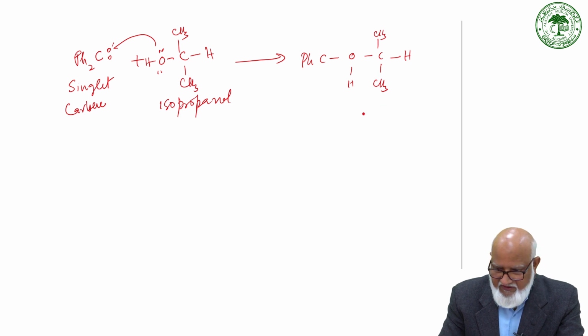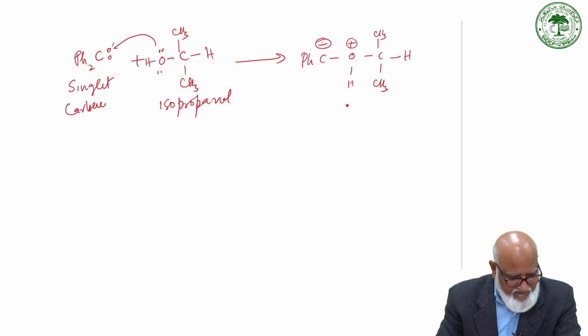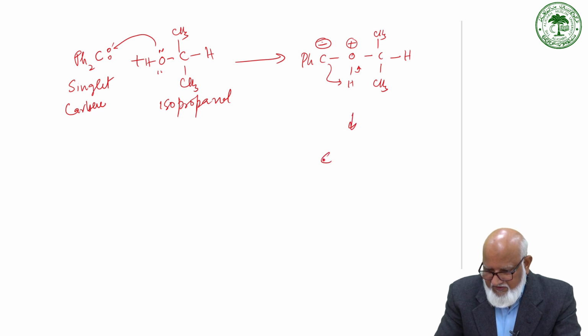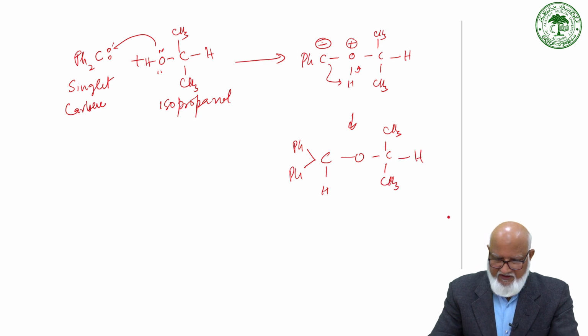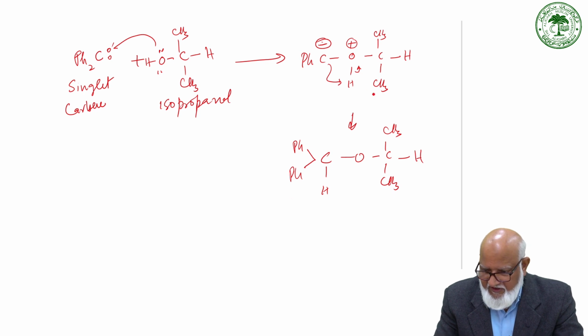This is an isopropanol. This is a negative charge, this is a positive charge. And there is a proton shift. So H has come here, and then O CH3 CH3, and now this is the product, the zwitterionic product. This is a dipolar species.